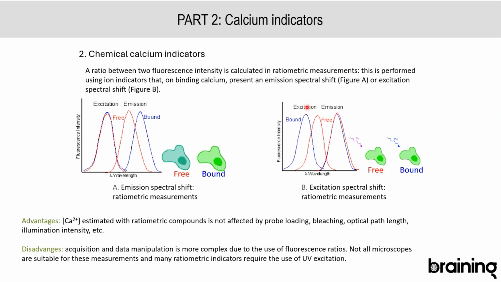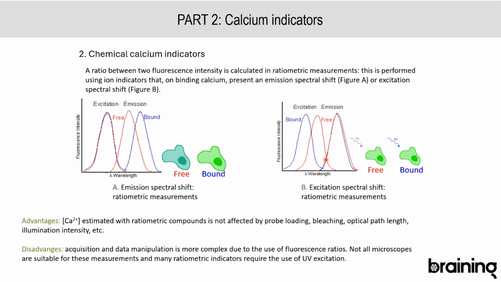Okay, so in this case, if the dye is bound to calcium, it will be excited with this wavelength, and if it's not bound to calcium, it will be excited with this wavelength.